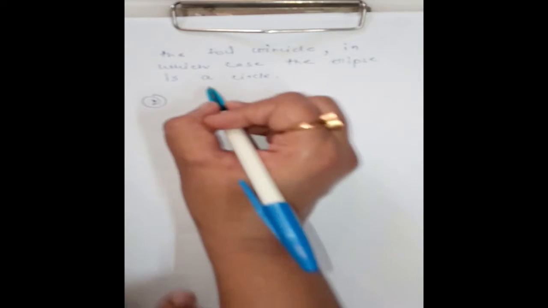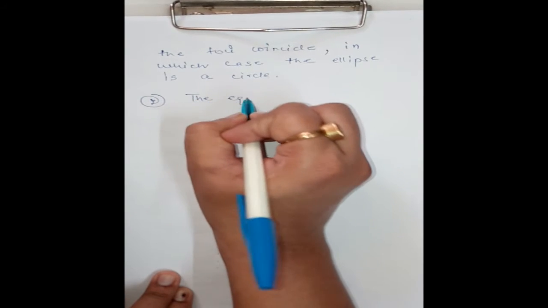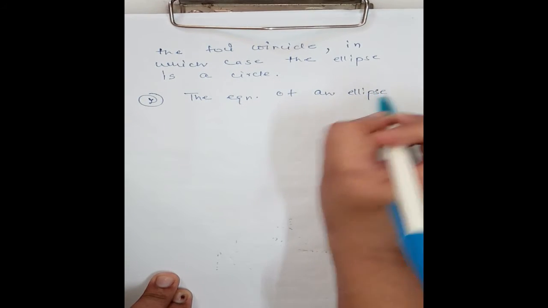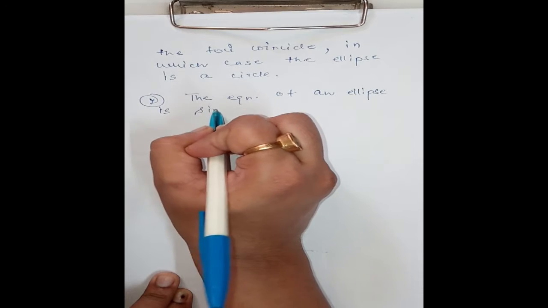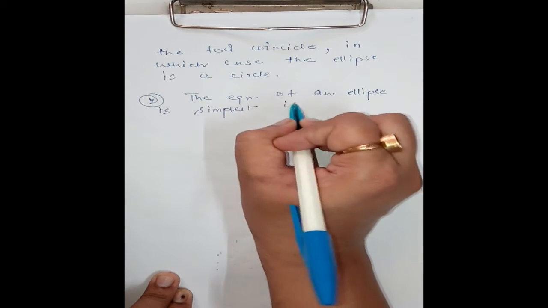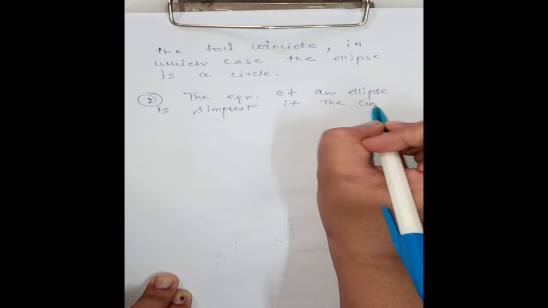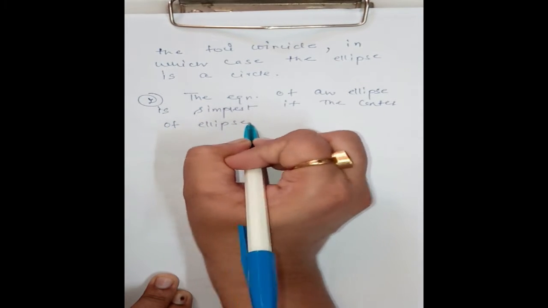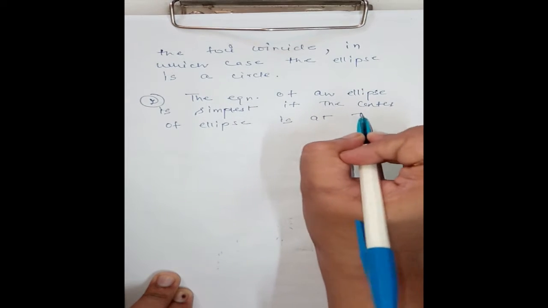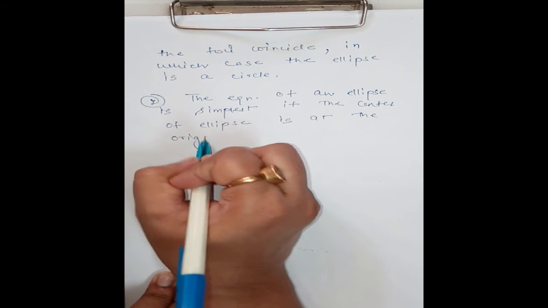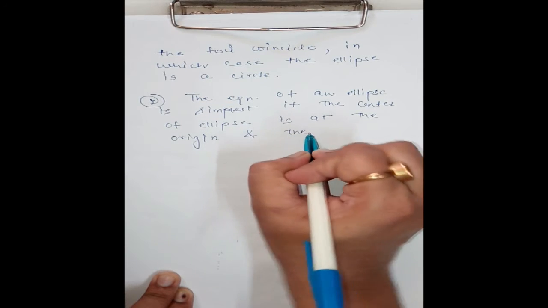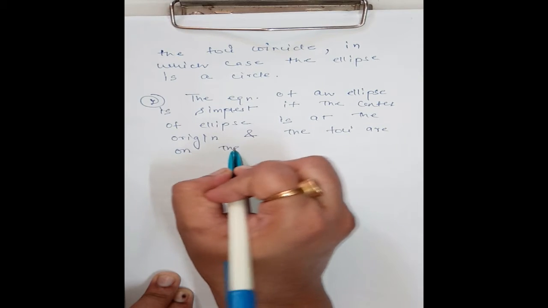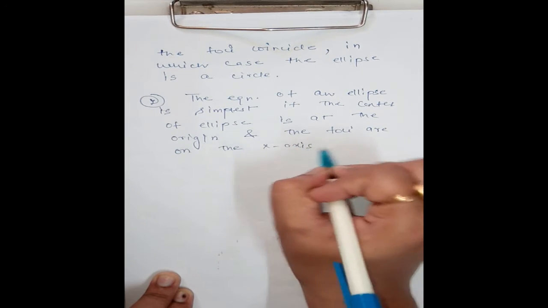Okay, now the next remark. The equation of an ellipse is simplest if the center of the ellipse is at the origin and the foci are on the x-axis or y-axis.